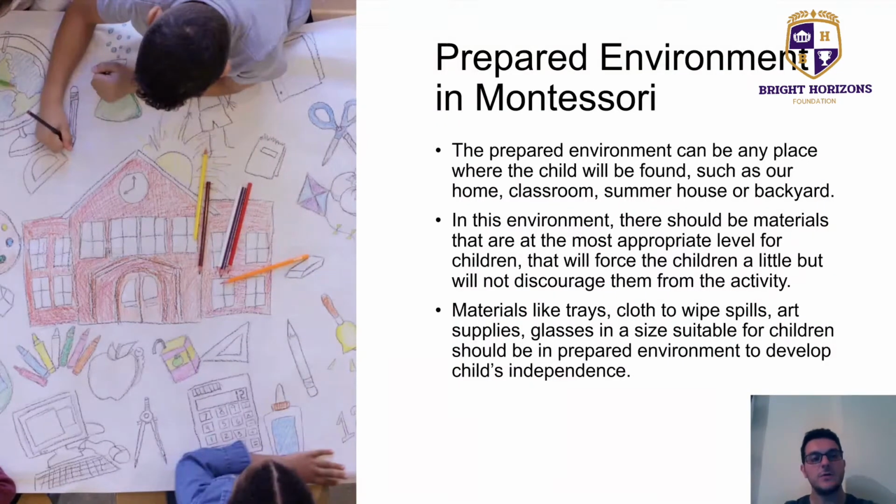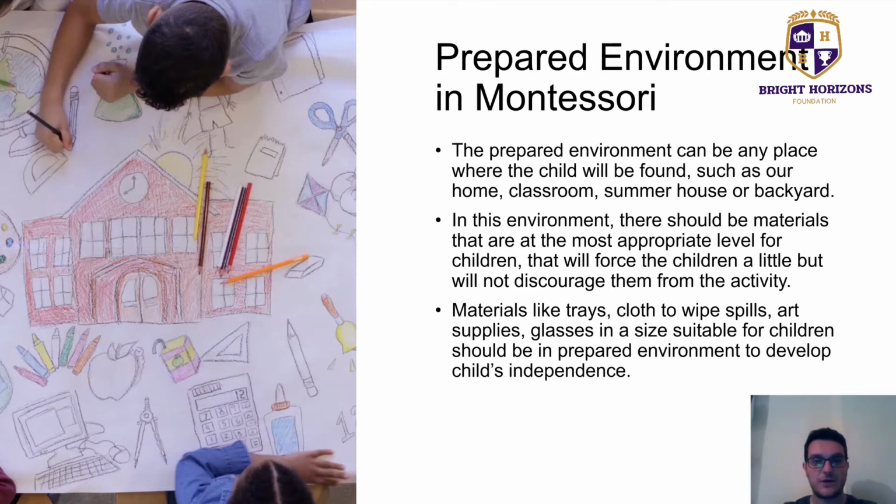Okay, now we can discuss preparing the environment for the child, which is the most basic principle of Montessori. What actually does it provide? How should the prepared environment look? The prepared environment can be any place where the child will be found, such as our home, classroom, summer house, or backyard.